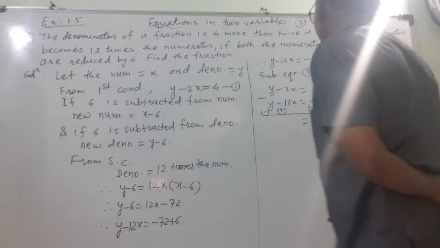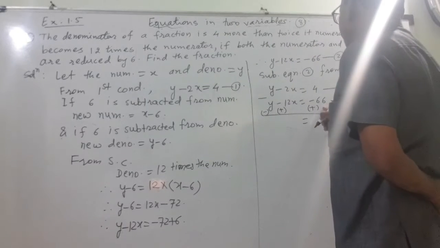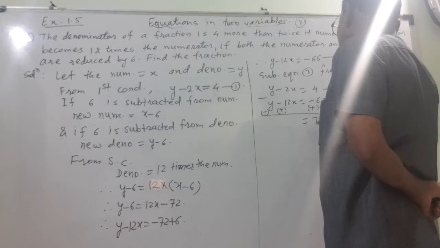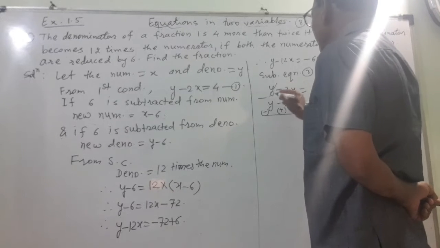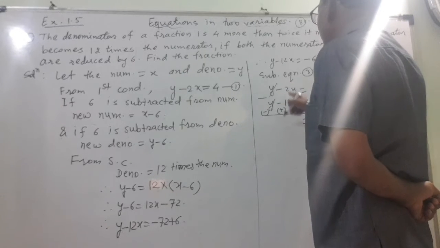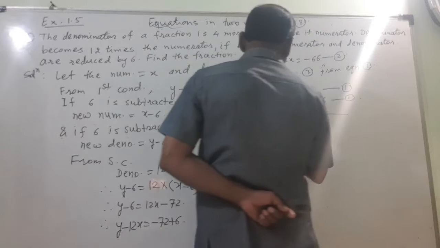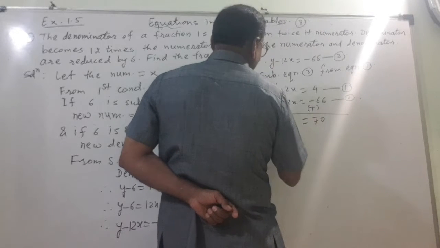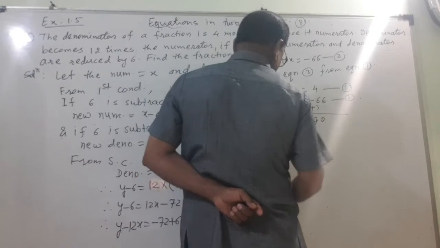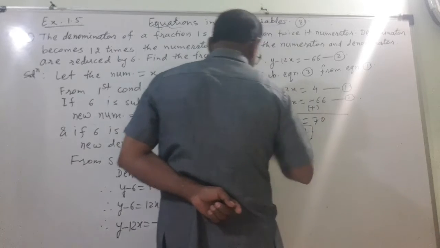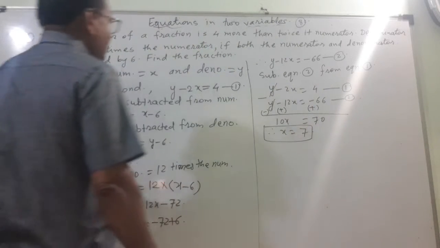Then 66 plus 4, it is 70. Y cut. Plus 12 minus 2 means plus 10x. Therefore, x is equal to 7. This is our numerator. Now denominator, take any one.